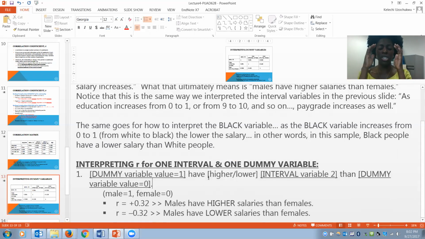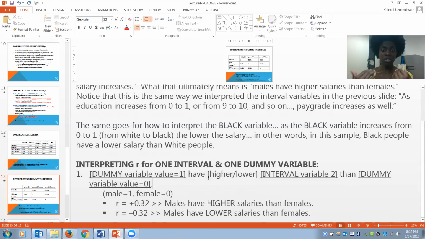It's a matter of just understanding this interpretation and using it through every scenario that looks just like this, because the only scenarios you'll have are variables with two intervals or with a dummy and interval. So I've given you both, right?